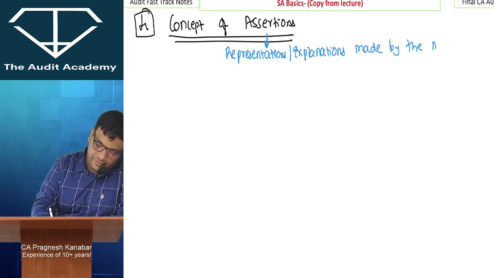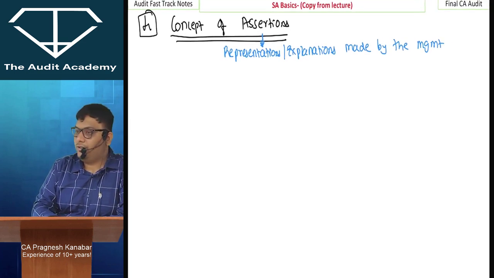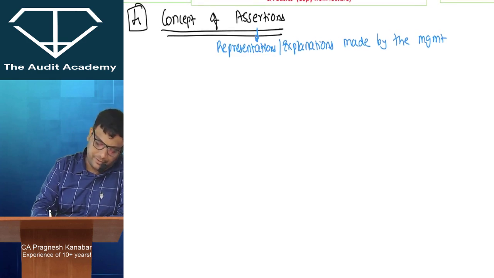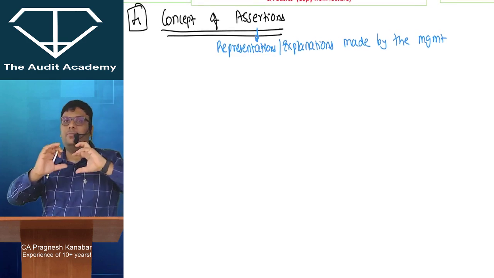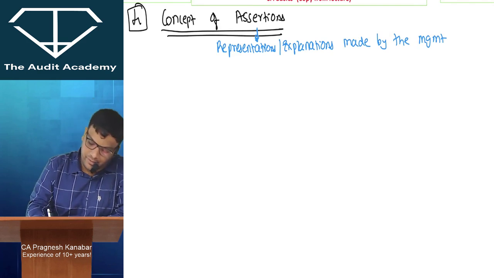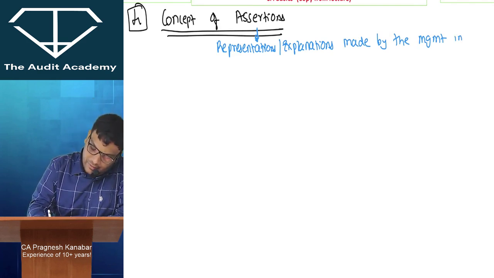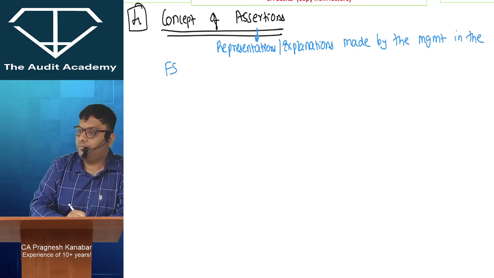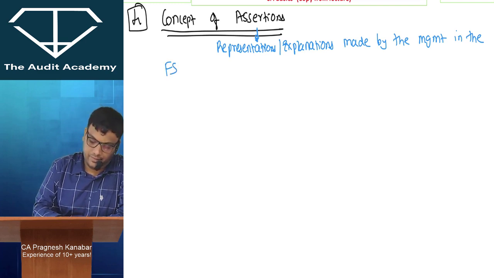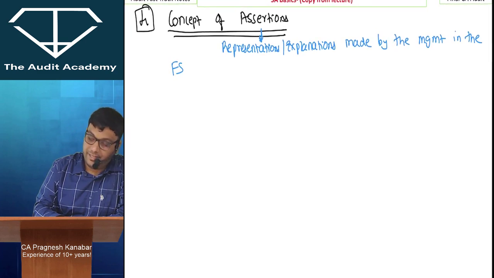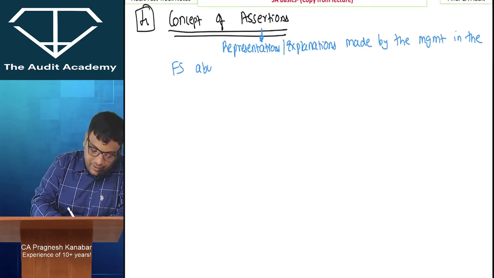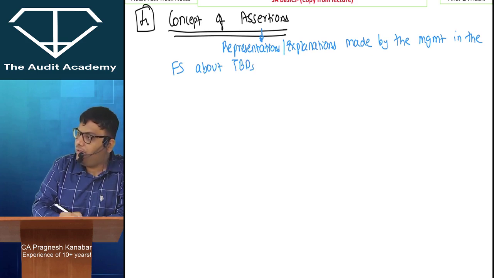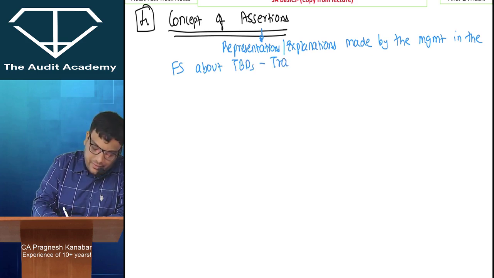Representations or explanations. Because when you have entered a fast track batch, please enter with a steel mindset. Representations or explanations made by the management. So whatever management is trying to explain, where are they trying to explain? In the financial statements.